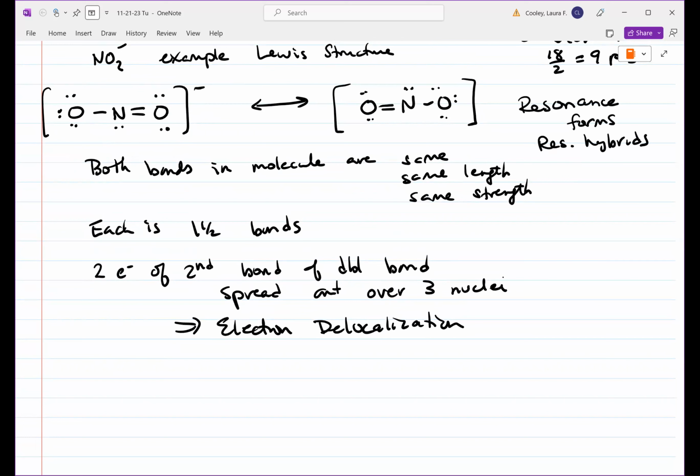And these 2 are actually equivalent to each other. So in this case, we have 2 Lewis structures that are energetically equivalent to each other, that both need to be considered equally in order to describe this molecule. So these are energetically equivalent resonance hybrids.